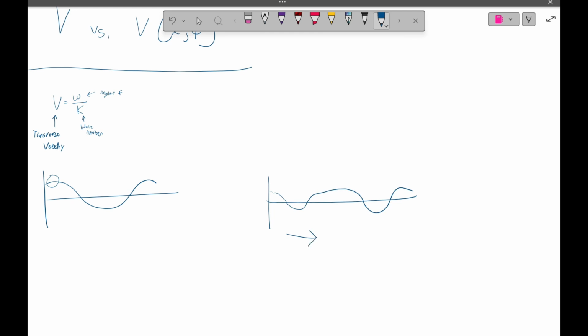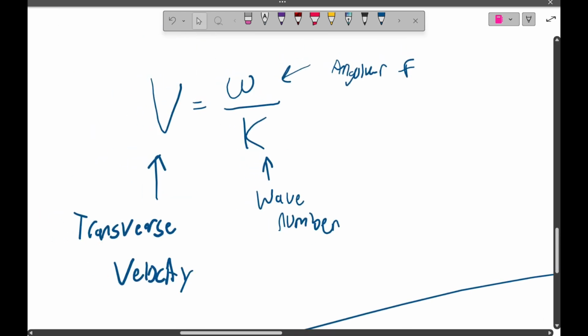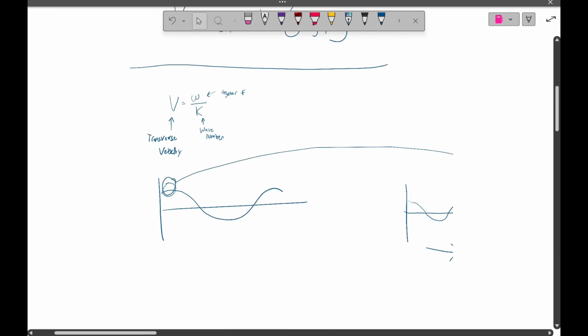Okay, and how fast that happens, how fast this thing went from here over to like here, further along the x-axis, that's what v is equal to omega over k is talking about, right?